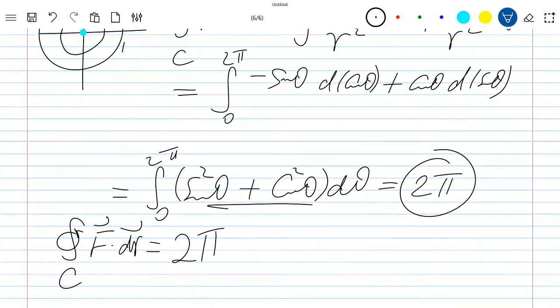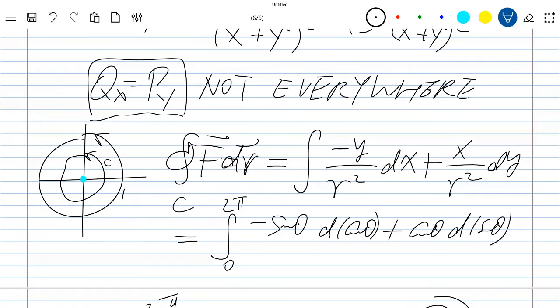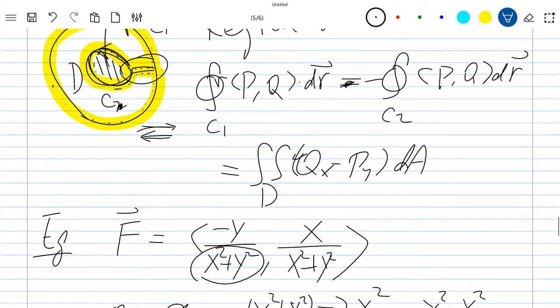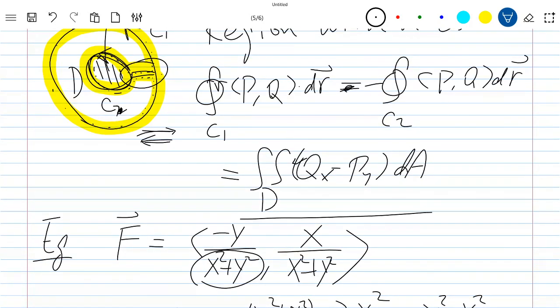Why is that? Well, let's see. If we call this domain D, then do you remember that theorem? It says the integral over this domain is equal to the difference between the two integrals, the outer one and the inner one. Now, what is qx minus py?